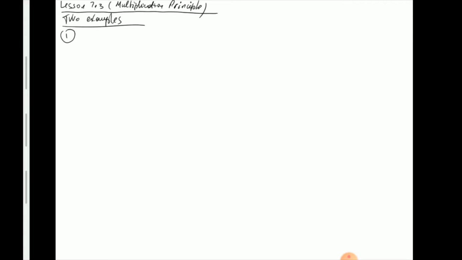So suppose that in a restaurant, again, to simplify all the options here, suppose that you want to get a main course and a dessert. And let's say that the main course has the following options.